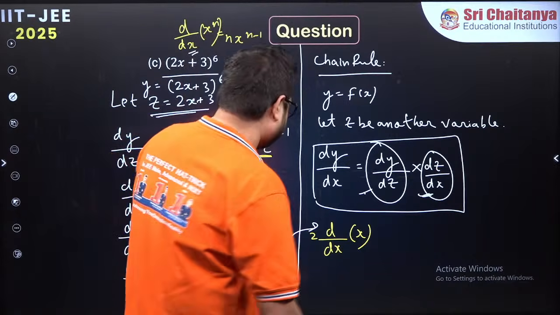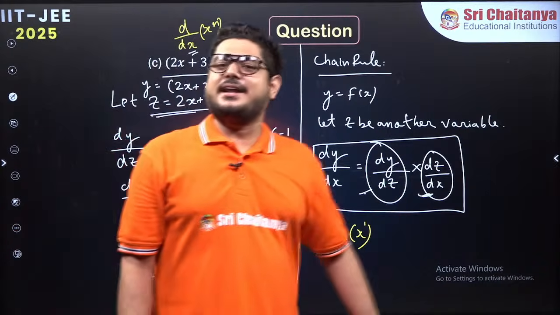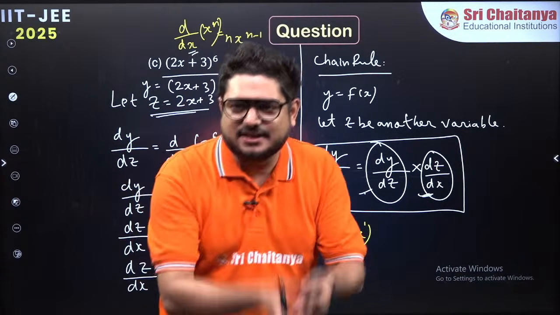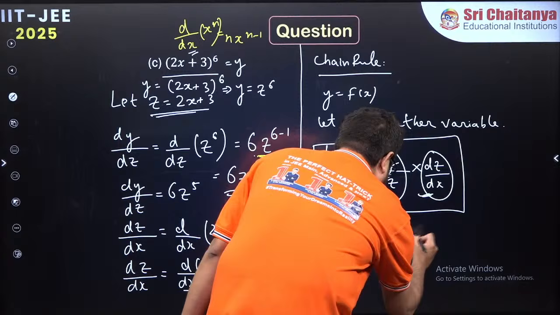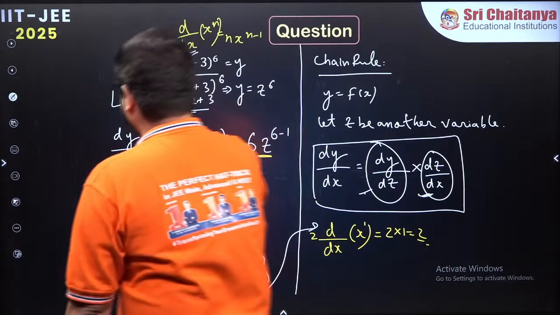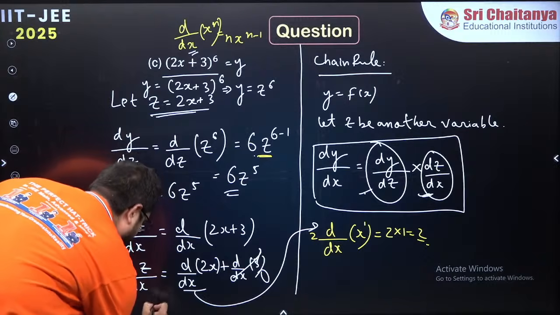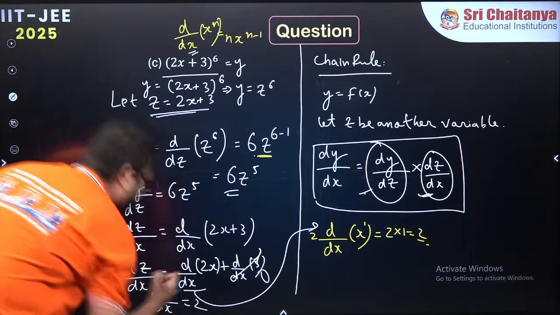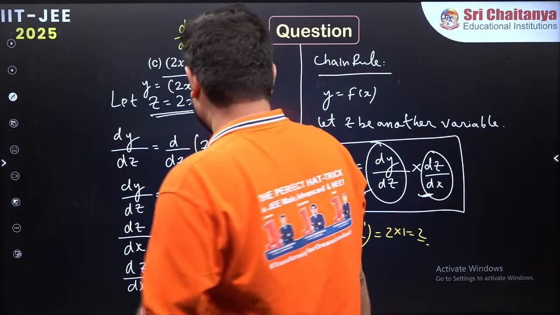Once again we are having x to the power 1. What will I get? D by dx of x is 1. So I can write it down as 2 into 1, which is 2. So the expression which we are willing to calculate, dz by dx, is proving out to be equal to 2.